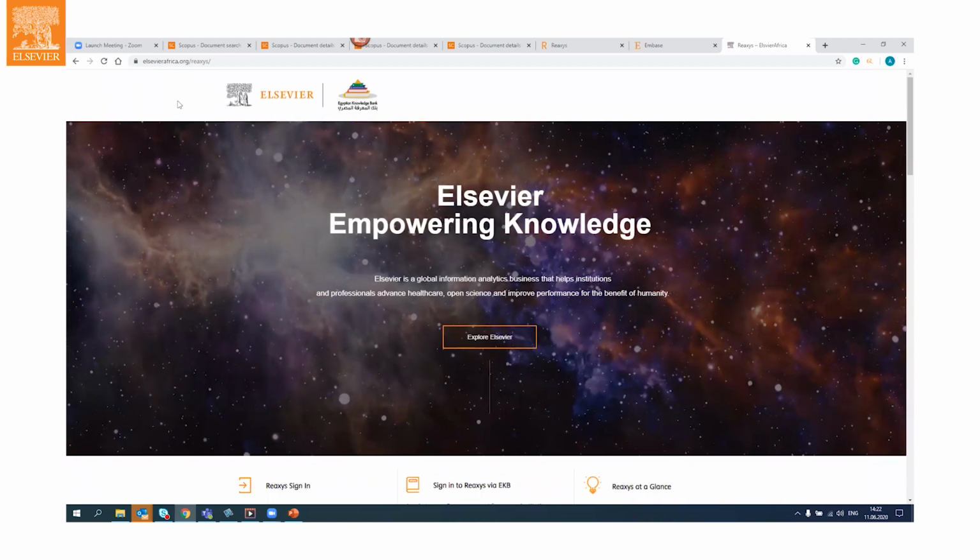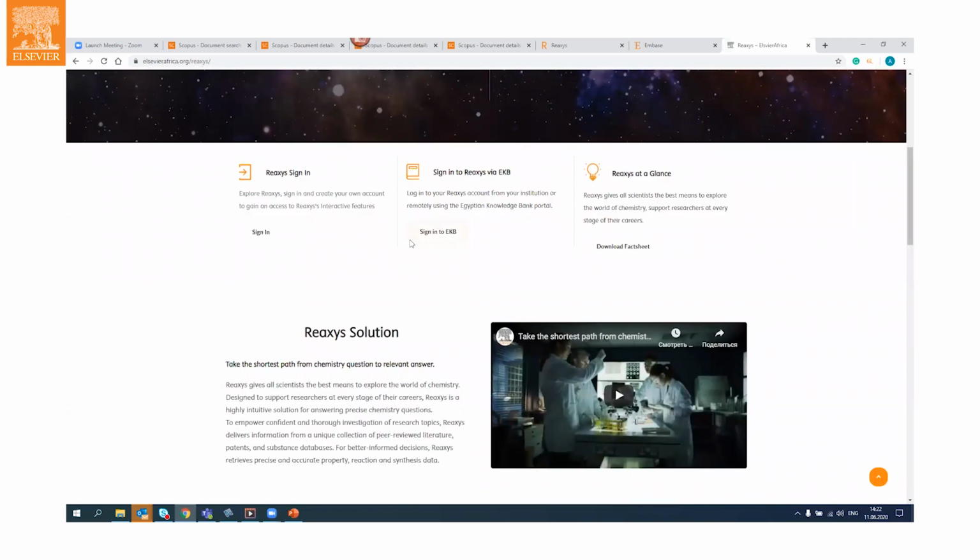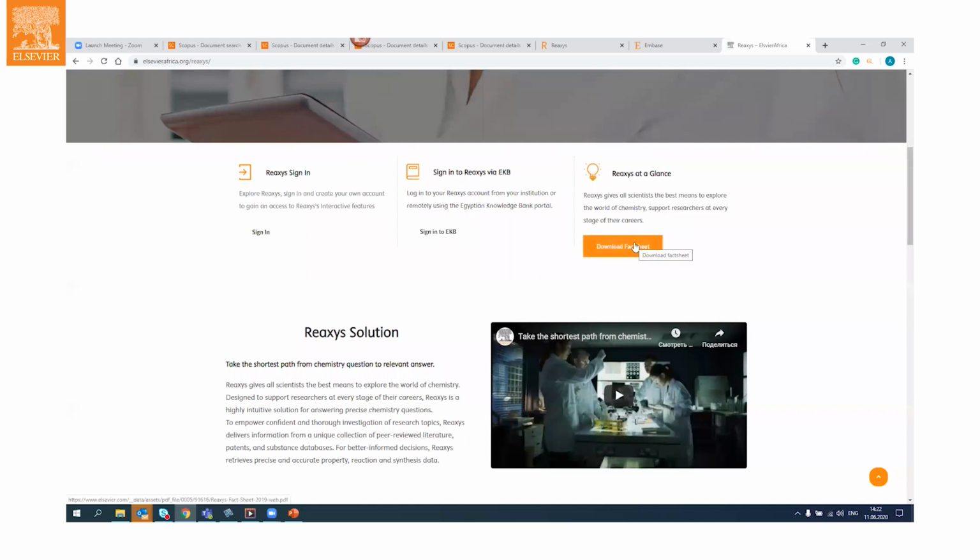This is how the Reaxys landing page looks like. Here you have the link to the IKB resources web page. From there you can download some additional information, a so-called fact sheet about Reaxys, how many substances it contains.